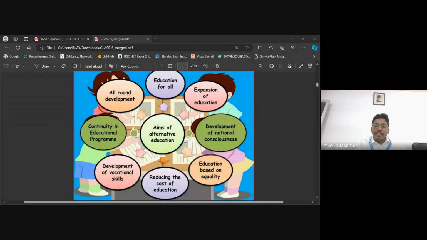When I say this, I am not thinking that someone is from a particular place and I will teach him well, or someone is from UP or another state or another district of Odisha and I will teach him or her slowly. No, it's education on the basis of equality, education for all without any kind of discrimination.